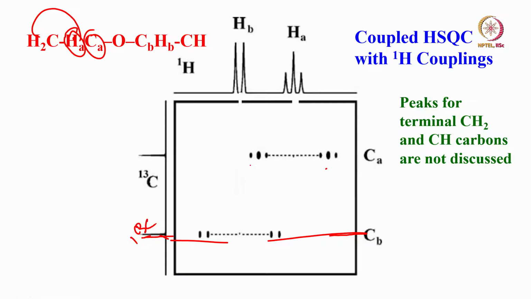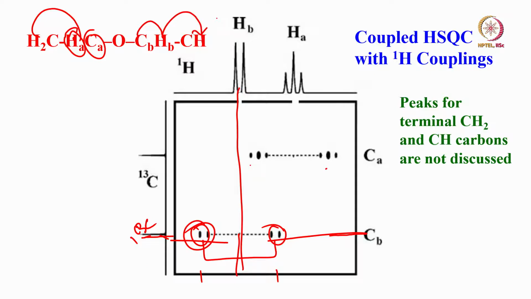But now in the F2 axis we have 4 peaks, a doublet here and a doublet here. The center of this exactly corresponds to the chemical shift of proton B. Why are these two doublets? These two are satellites. 1 bond coupling with carbon gives rise to this separation, and each line of this satellite is a doublet because of its coupling with the neighboring proton. This is how coupled HSQC works.